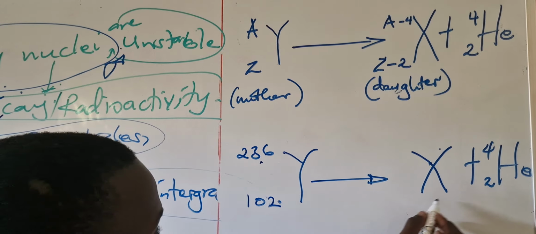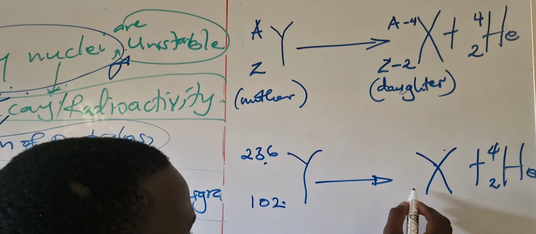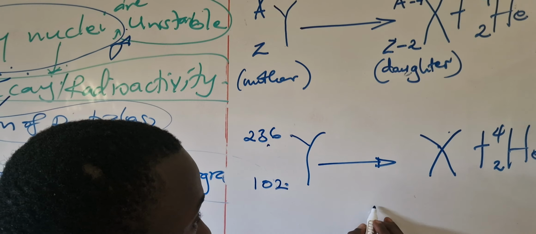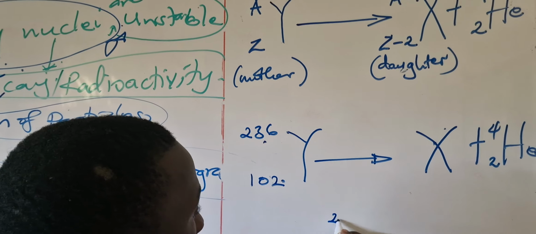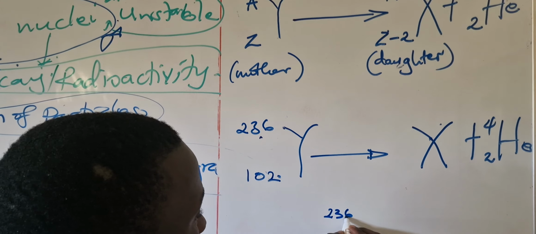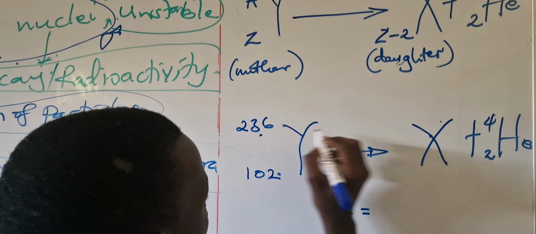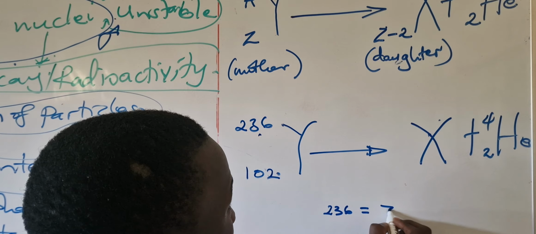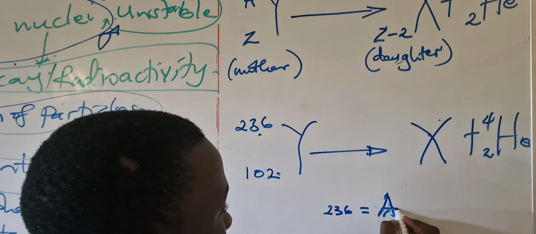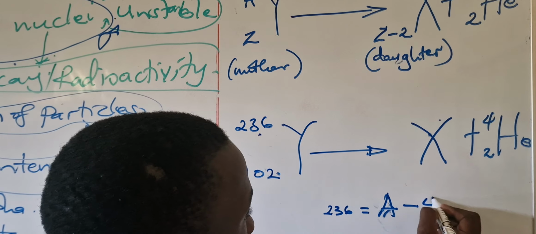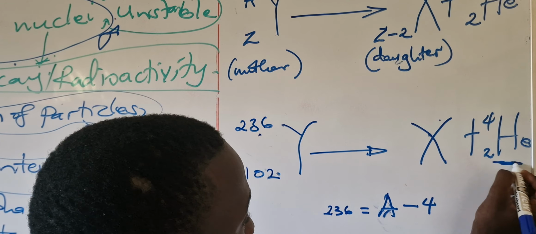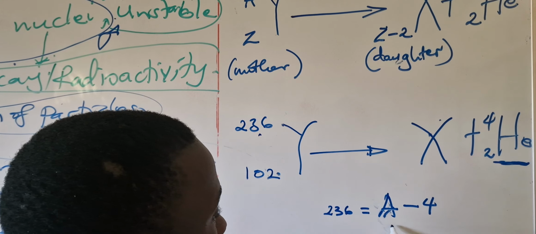So for this, to get the values on X, we shall have 236 equal to A minus 4, if it is only one alpha particle that was emitted.